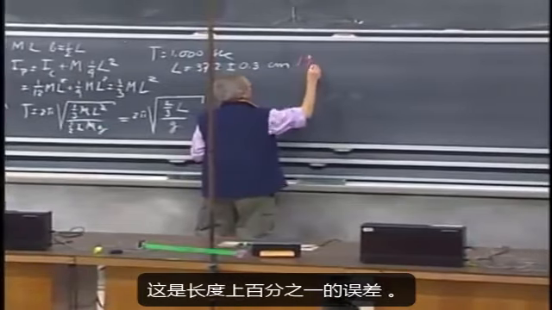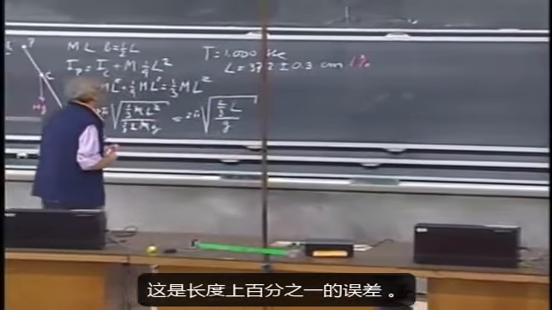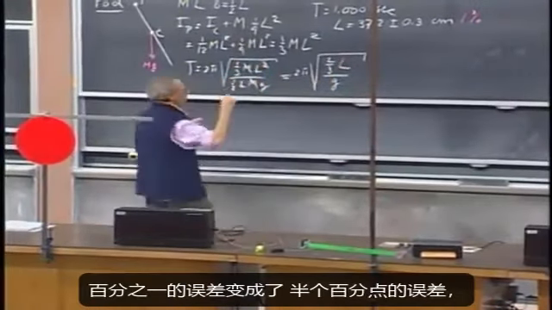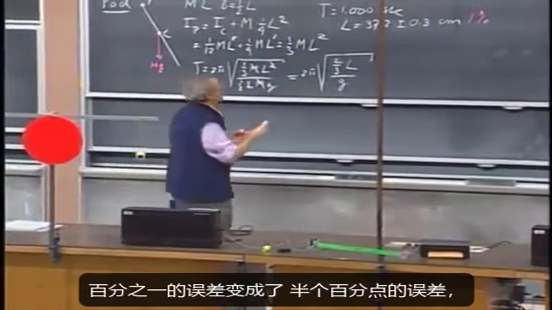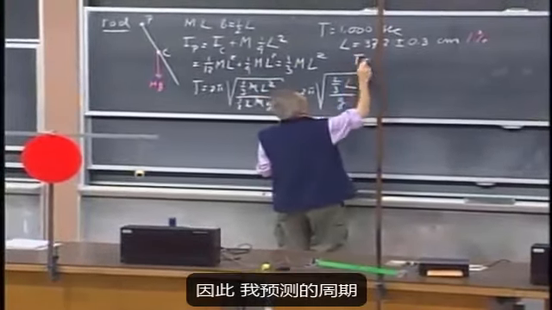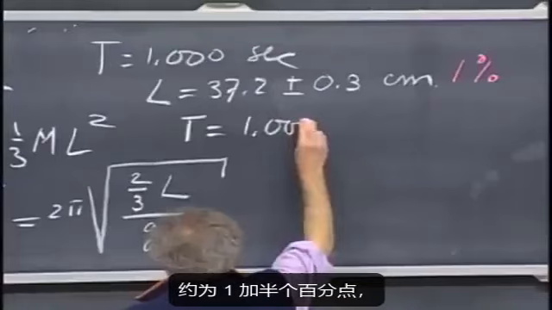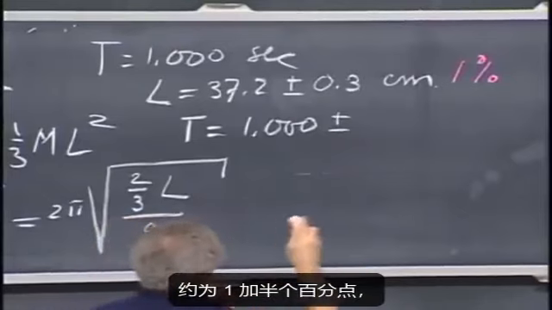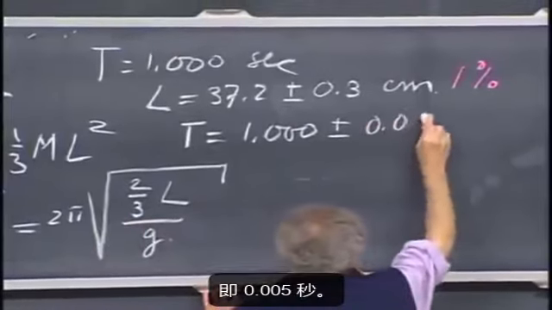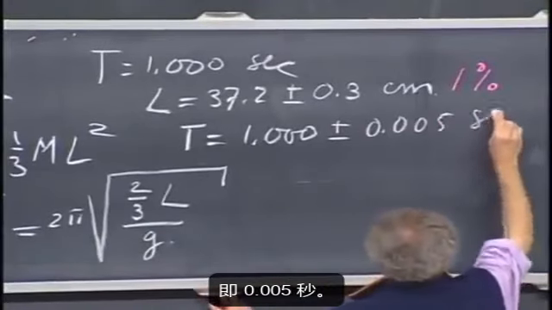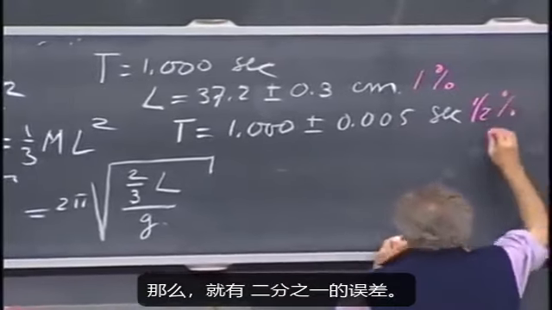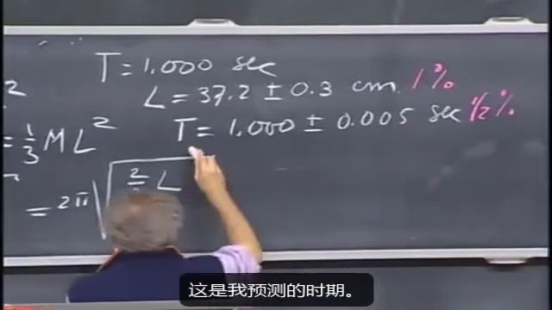That's a 1% error in the length. Since the length is under the square root, the 1% error becomes 0.5% error. So the period that I then would predict is about 1.000 plus 0.5%, so that is 0.005 seconds. So that then has a 0.5% error.